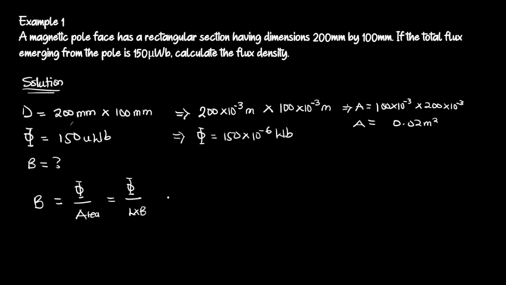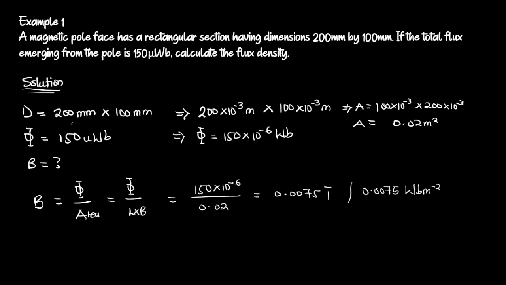So B is equal to 150 times 10 raised to the power minus 6 over 0.02. If I compute this in my calculator, I get 0.0075 Tesla, or 0.0075 Weber per meter squared. Okay, so this is the answer for this particular problem.